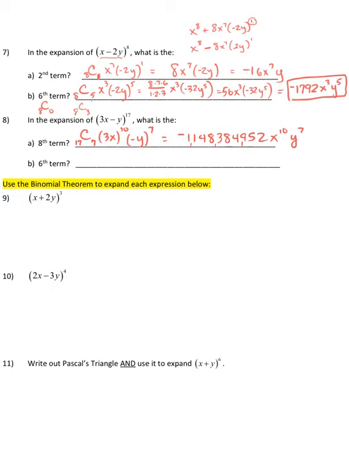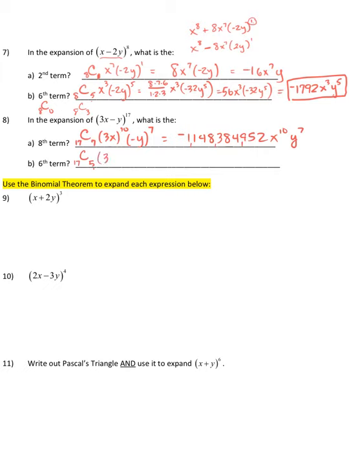So what about the 6th term? And again, when you did that calculation, remember, you got a calculator, find the combination of 17, 7 at a time with your calculator, and then multiply it times 3 to the 10th, and that's what gives you that number. So for the 6th term, it's going to be the combination of 17 things taken 5 at a time. Remember, again, this number is 1 less than the number of the term.